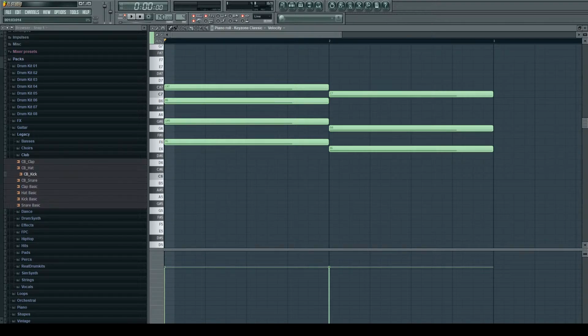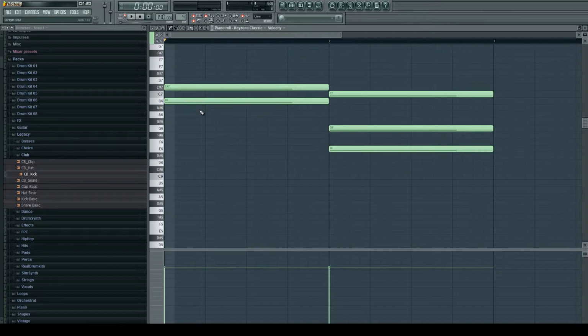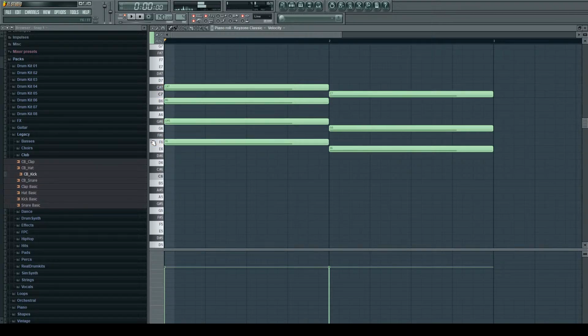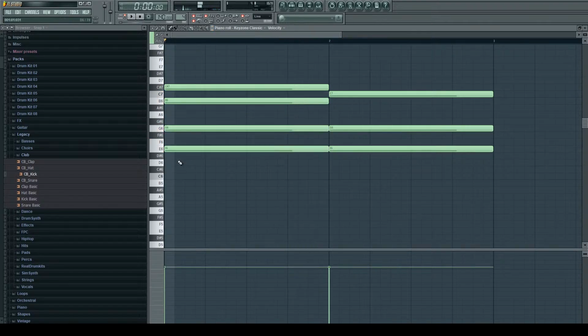Well, if you look at this note, the B goes up to the C, and then the C sharp goes down to the C. It doesn't really matter what these two notes are from below, as long as you have this.